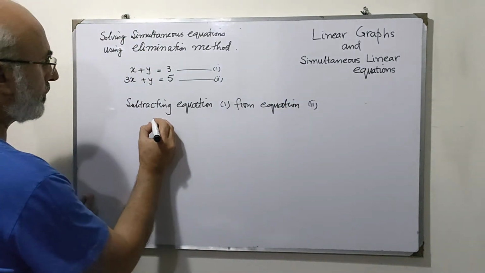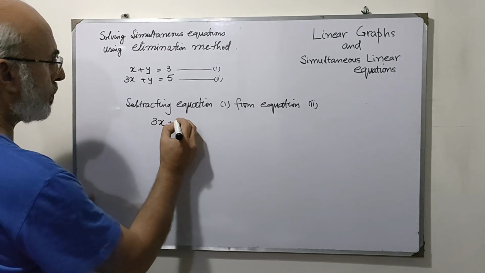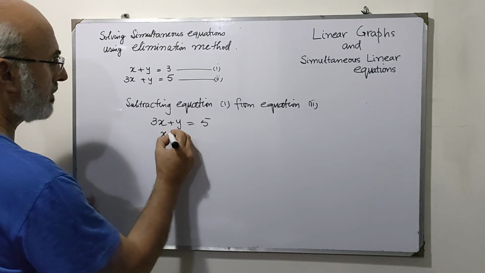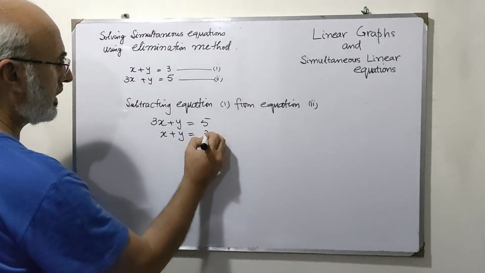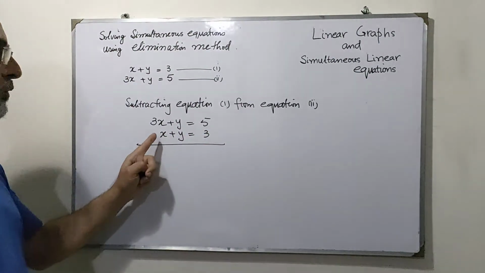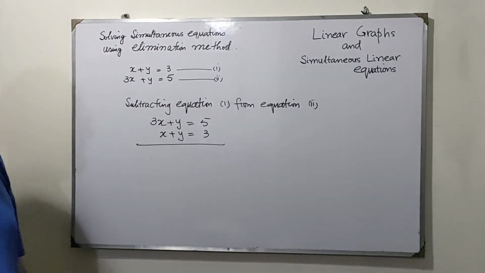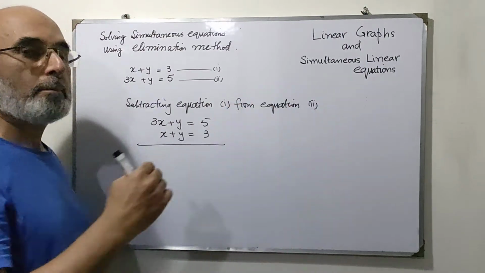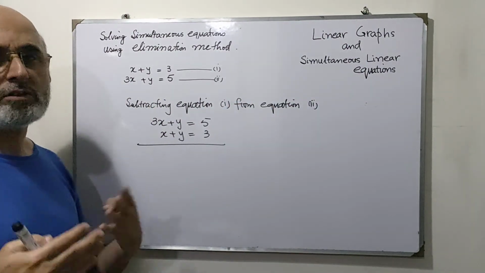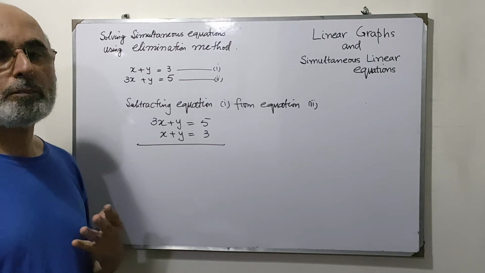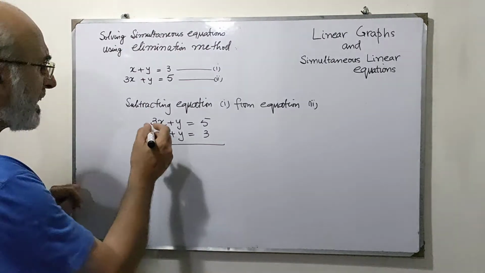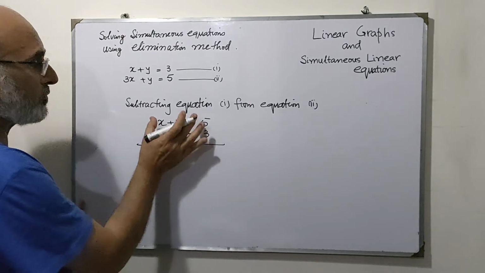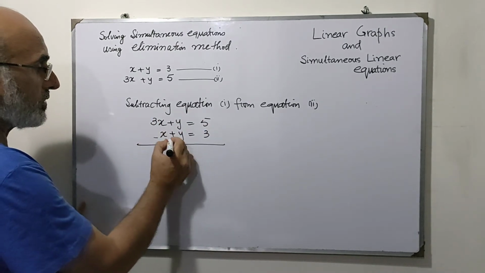Our second equation is 3x plus y is equal to 5, and the first equation is x plus y is equal to 3. Why am I subtracting equation 1 from 2? Because of this coefficient, by subtracting I will have the positive coefficient, right? When we subtract in algebra, the signs will be changed, right?